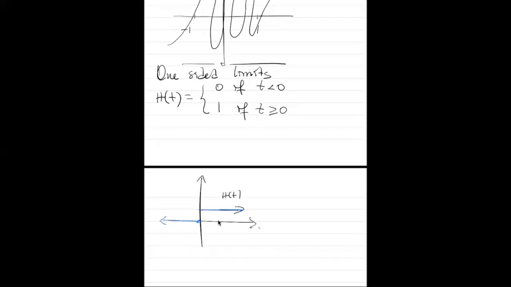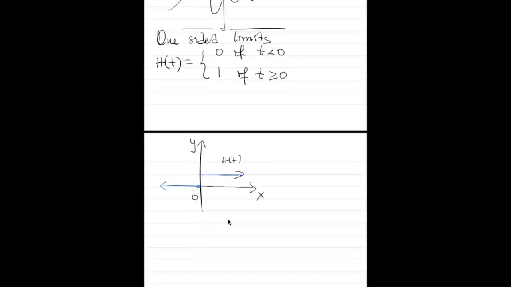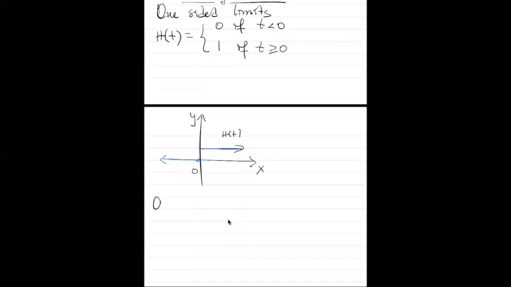And as you can see, something is happening at 0. What's happening is that the line is broken. Okay, so as t approaches 0 from the left, the y value is approaching 0, right? And as t is approaching 0 from the right, our function is approaching 1.